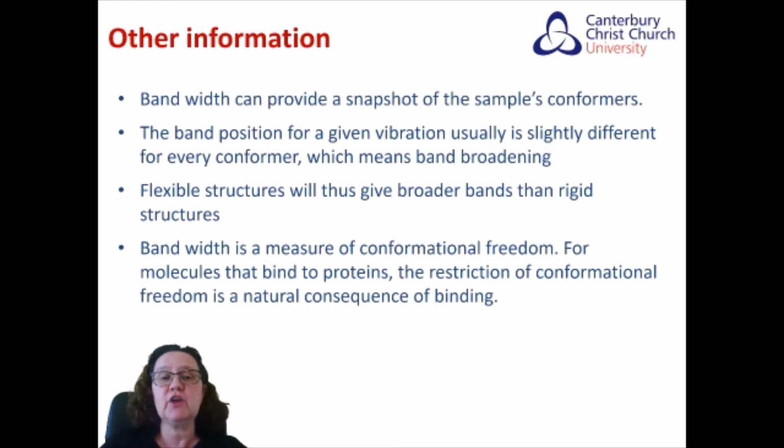So flexible structures, with many conformers, will tend to give broader bands, and more rigid structures, more narrow, sharper bands. So the bandwidth, and there are ways to calculate that mathematically, is a measure of the conformational freedom of your protein. And you can observe that when performing a reaction, when a molecule binds to the protein, typically that will restrict the conformational freedom of the protein, and you will be able to observe that by infrared spectroscopy.